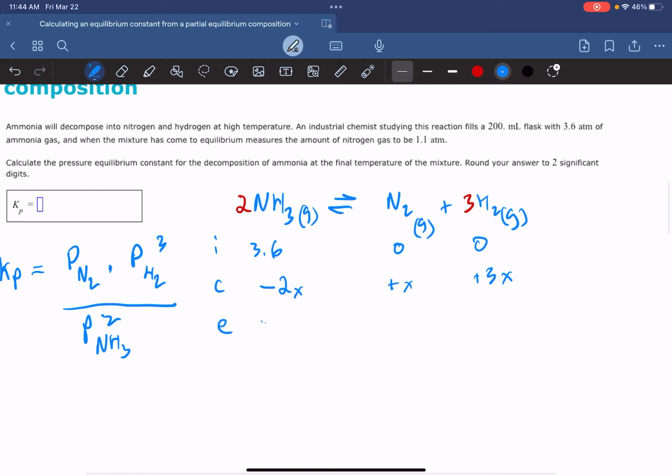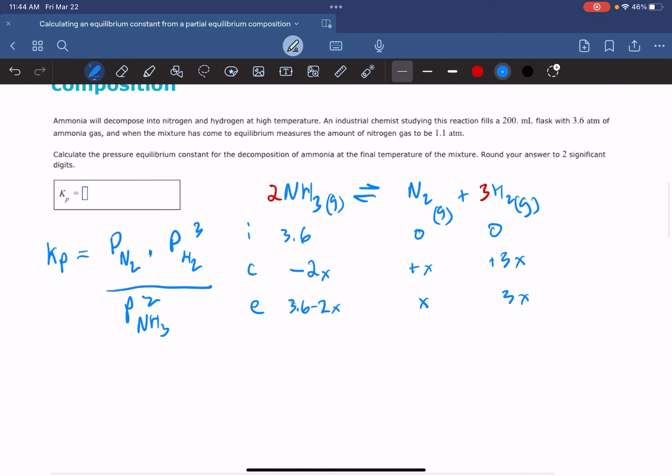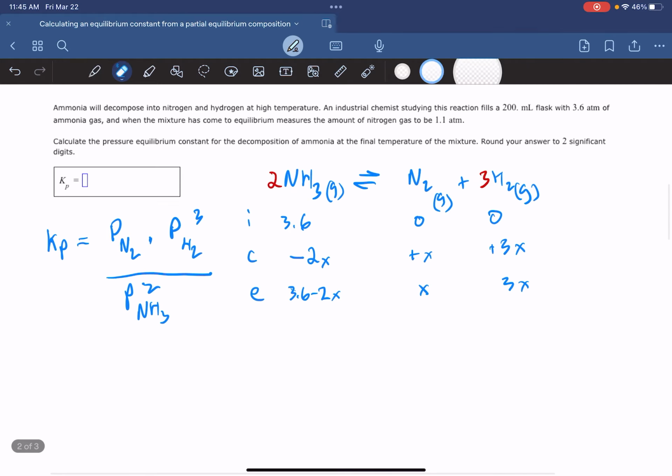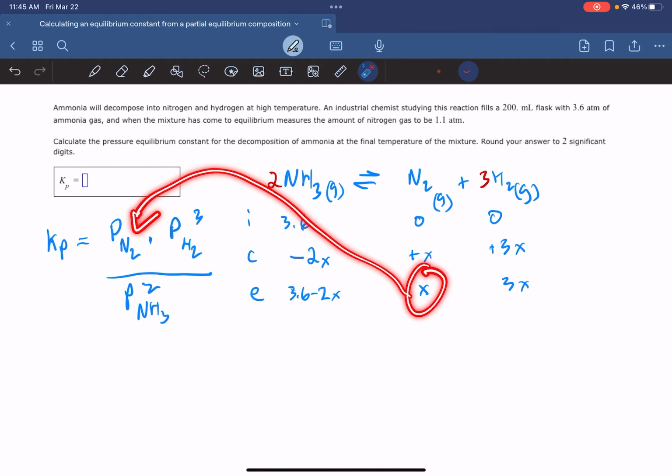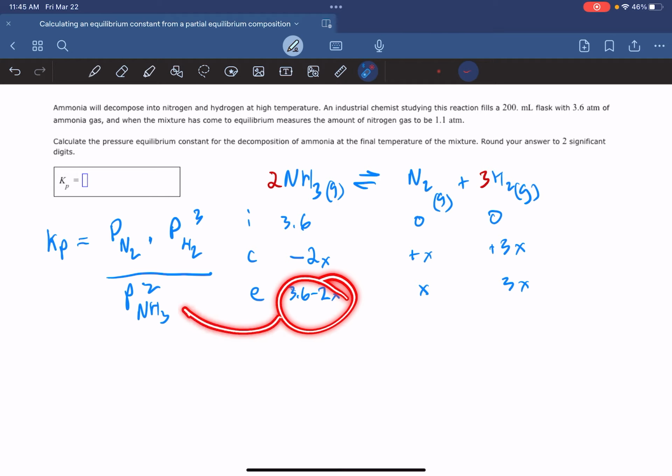At equilibrium, we're going to have 3.6 minus 2x, x, and 3x. Now, if we were to plug all of these values back into our equilibrium expression, everything would be great, except we don't know what x is, or do we? Didn't they tell us right here that the nitrogen gas was equal to 1.1 atm?